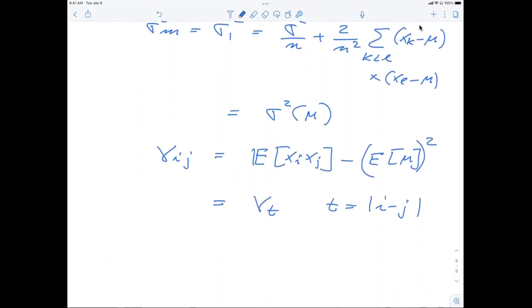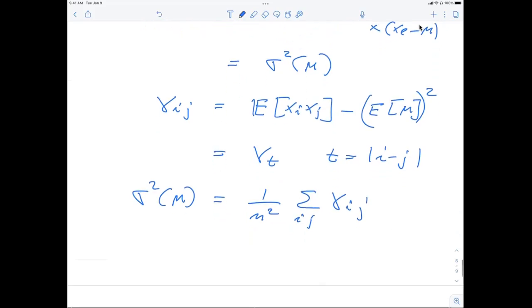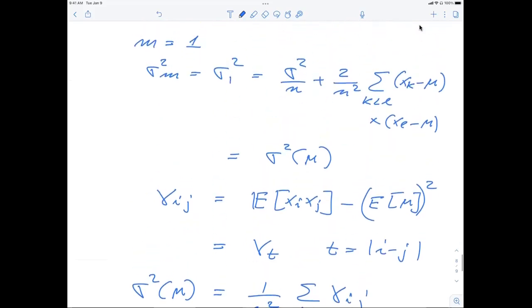So with that definition, you can then show that your variance can be written as 1 over n squared, and this contains a sum over ij of this gamma ij. So if you take the diagonal component, you're going to get back this component which we have here, and then the non-diagonal one will be represented by this quantity.